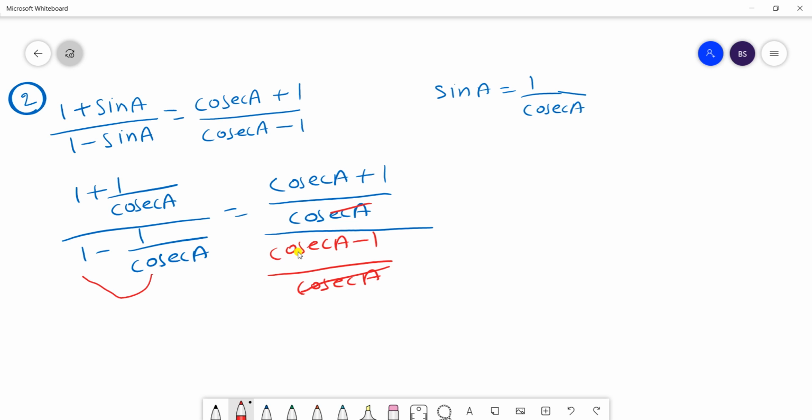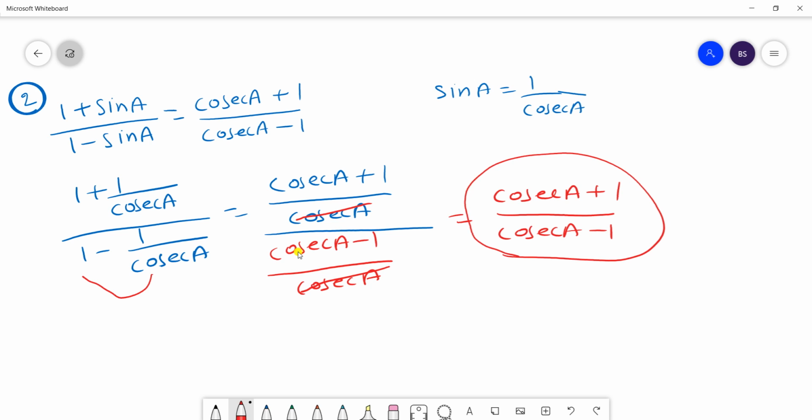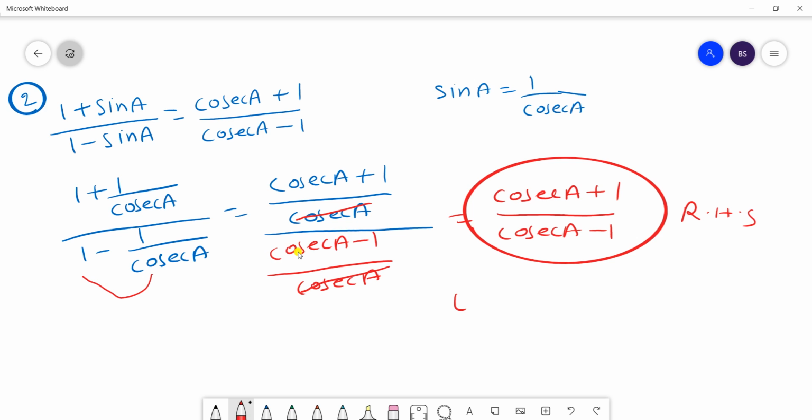So cosec a cancels here. So what happened in this case: (cosec a plus 1) divide by (cosec a minus 1). So see, we got here the RHS, and we started with the LHS. So LHS is equal to RHS. Hence proved. So we have done question number 2.